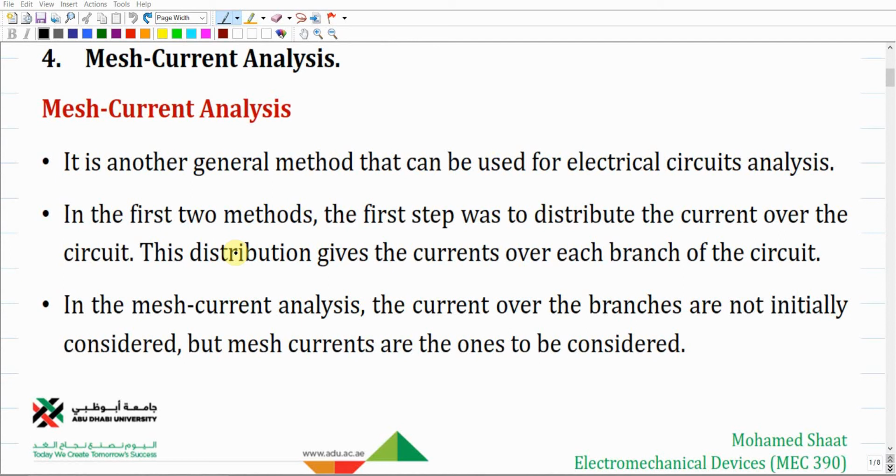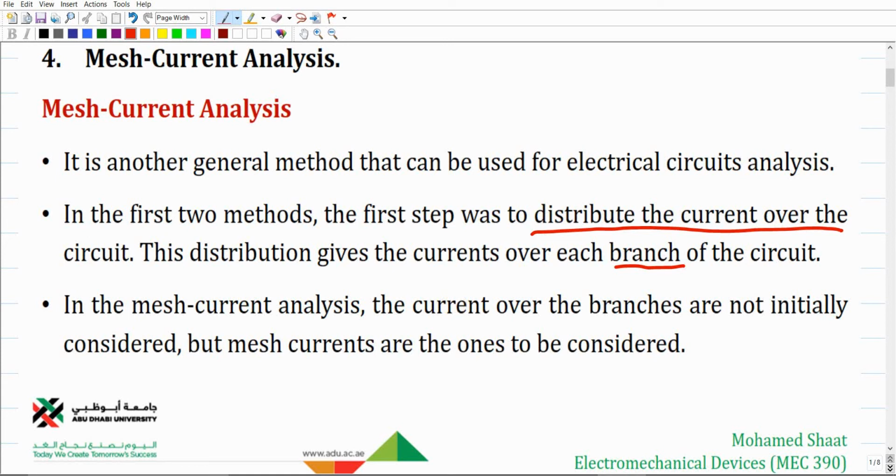Anyway, the mesh current analysis method is another general approach of electrical circuit analysis. If you remember, the first step in the first methods, the Kirchhoff voltage law and the equivalent resistance, was to distribute the current over the electrical circuit. When we distribute the current, we are identifying the current over the different branches, or over the different elements, because any element within an electrical circuit is located over a branch.